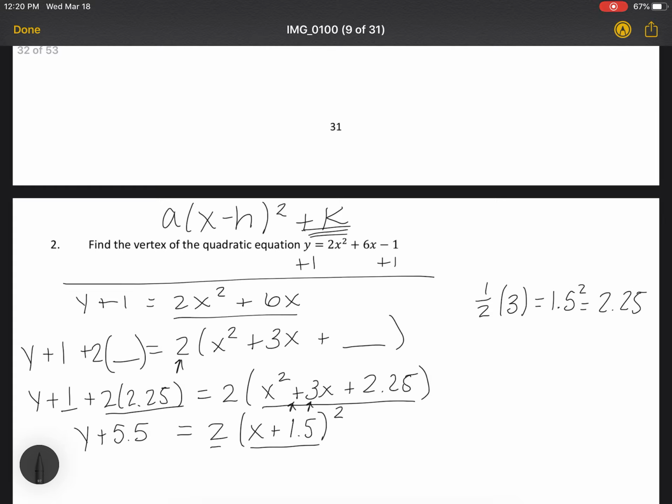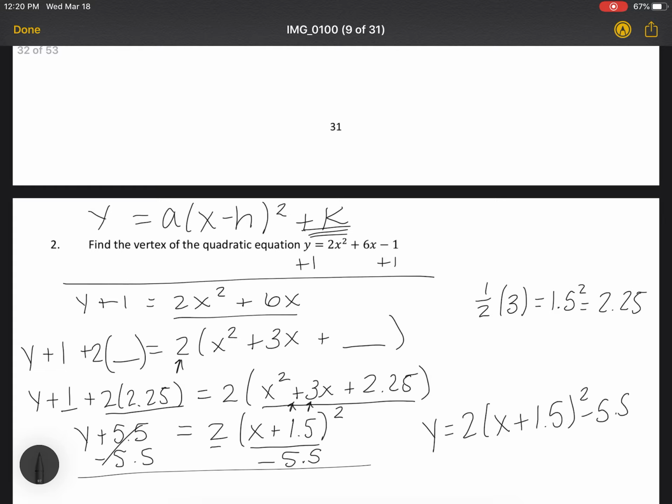The way that I get that k value to the other side and to get y by itself on the left-hand side is we need to subtract 5.5 from both sides. So my final answer for this in vertex form is going to be y equals 2 times x plus 1.5 squared minus 5.5. And now that is in vertex form.